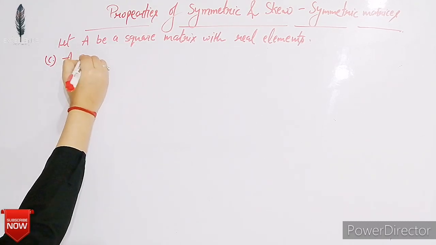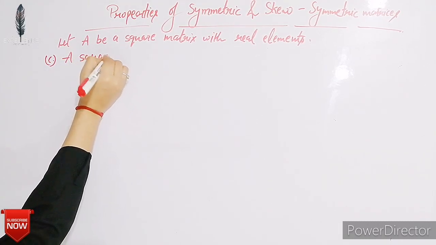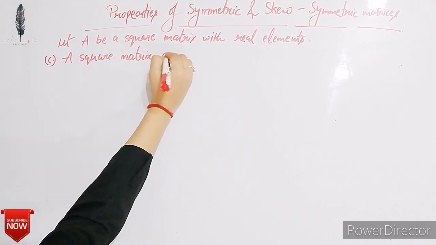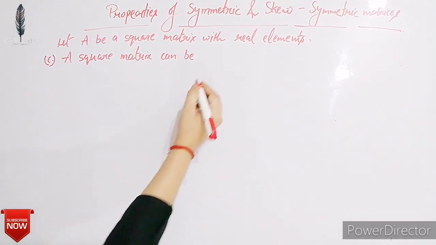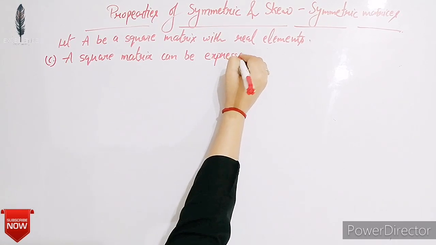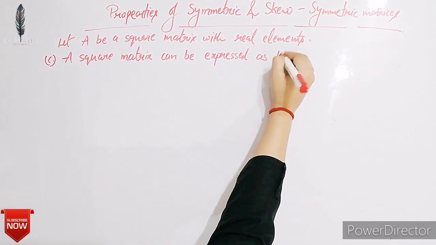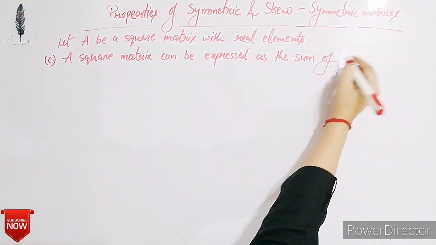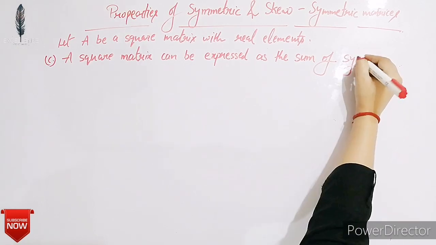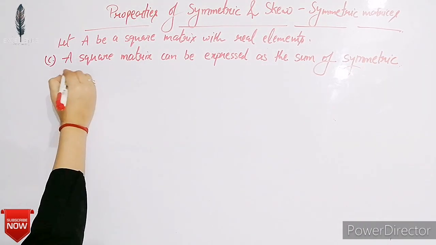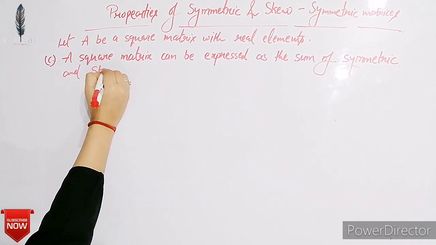The third property: a square matrix can be expressed as the sum of a symmetric and a skew symmetric matrix.